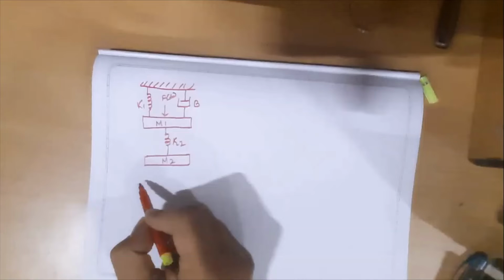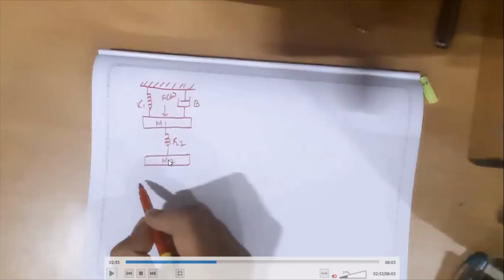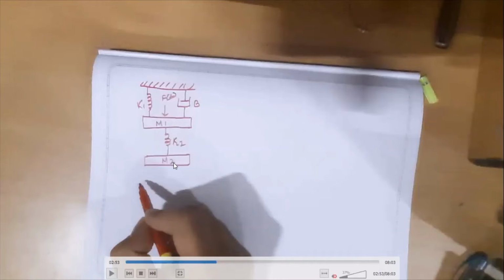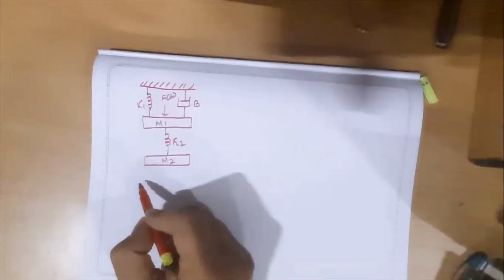So when k2 moves, m2 will also move. If I push this, m1 will move, then k2 will have its effect, and because of that, m2 will have an effect. So this is a sequential cause and effect scenario.